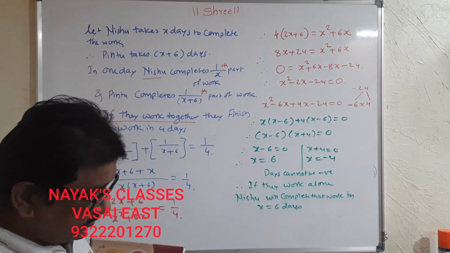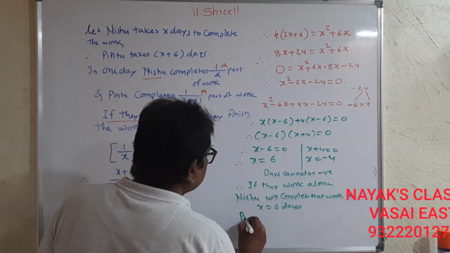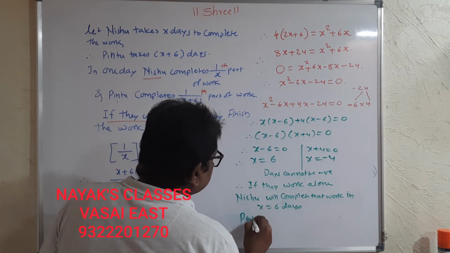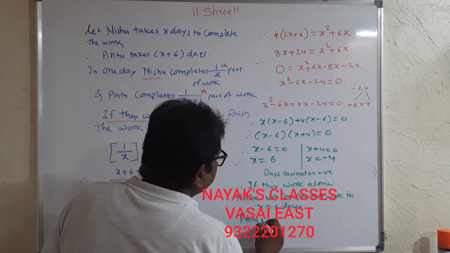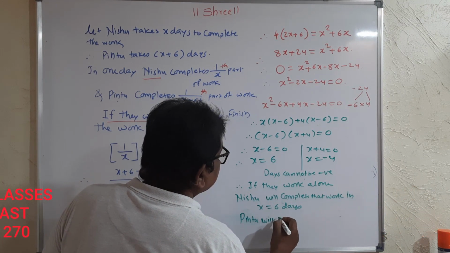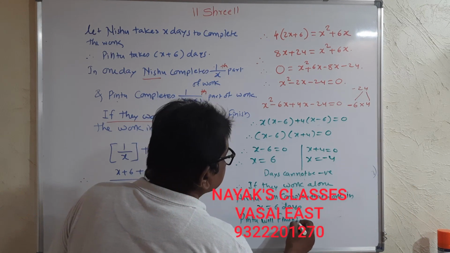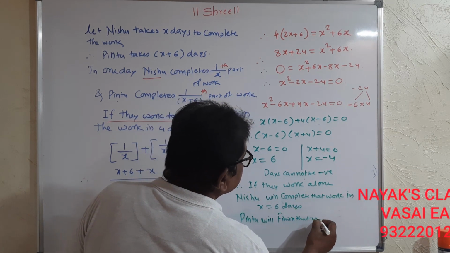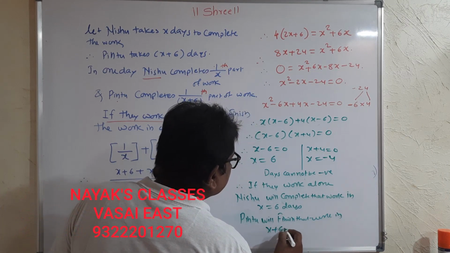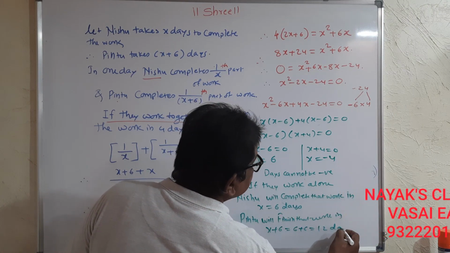And Pintu alone will finish that work in x plus 6 is equal to 6 plus 6 is equal to 12 days.